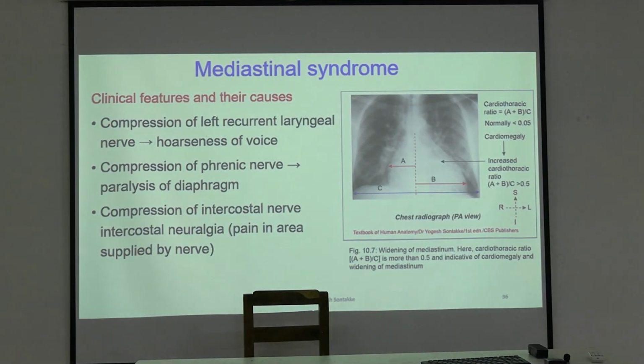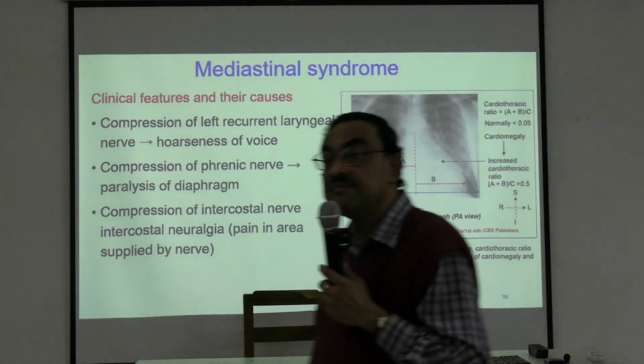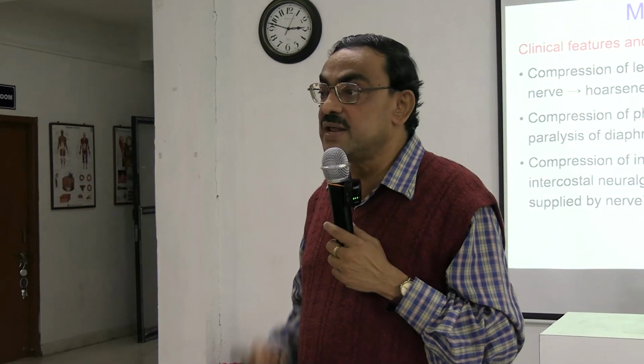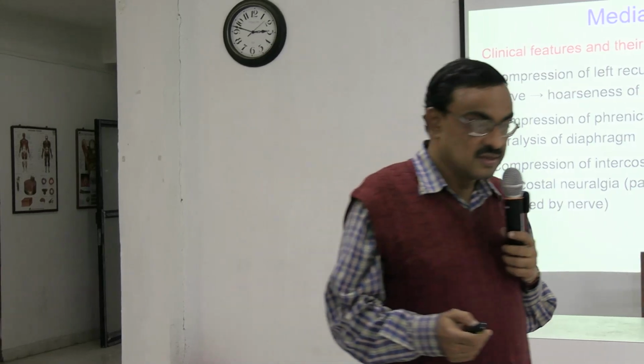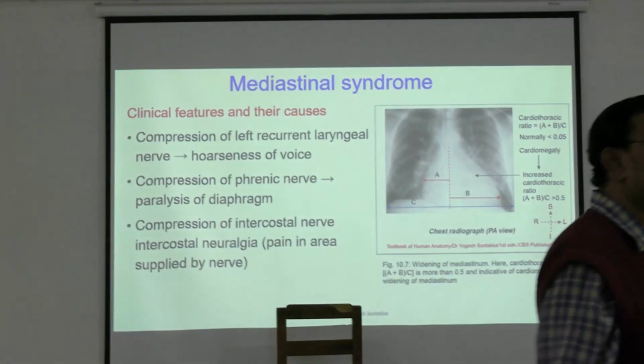Or we have seen the phrenic nerve coming down. If the tumor involves the phrenic nerve, what will happen? The phrenic nerve supplies the diaphragm. The diaphragm is essential for our respiration. So there is difficulty in respiration, or respiratory paralysis.